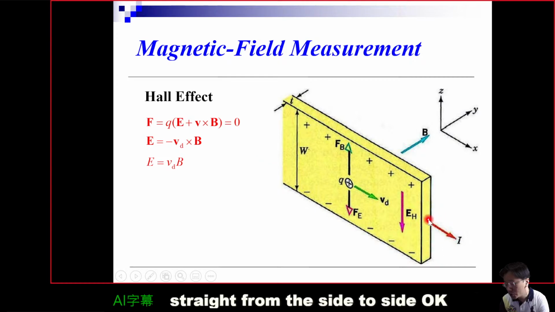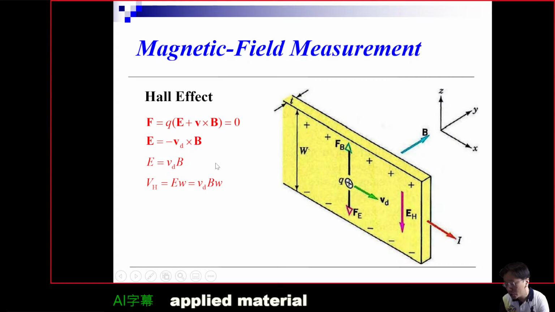At this situation, we can measure the voltage difference between the bottom and top. Then we will know the magnitude of the applied magnetic field. Of course there are some detailed derivations, but I just want to tell you that we can start from it very simply like this.